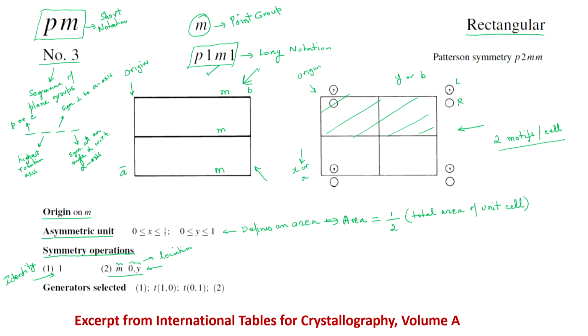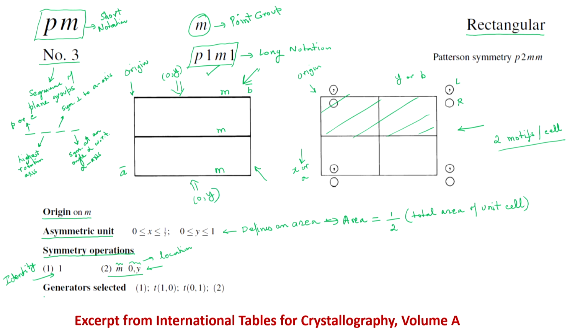Its location is 0 comma y, which basically means x is equal to 0, y is any value, representing the horizontal line 0 comma y, and since all the patterns are infinite in nature, this also is represented by the same coordinates 0 comma y.